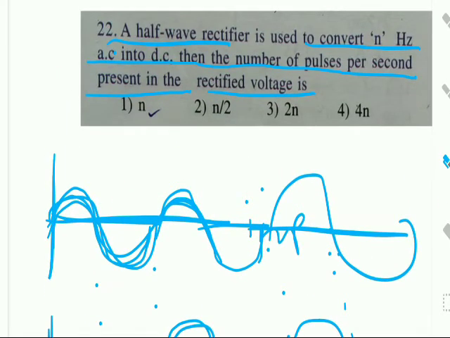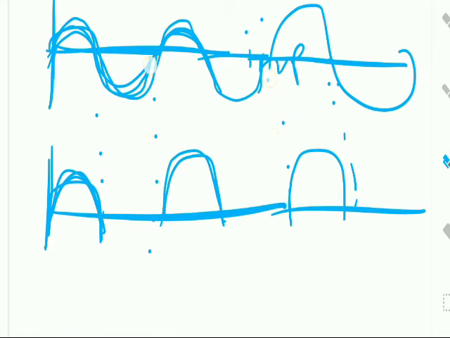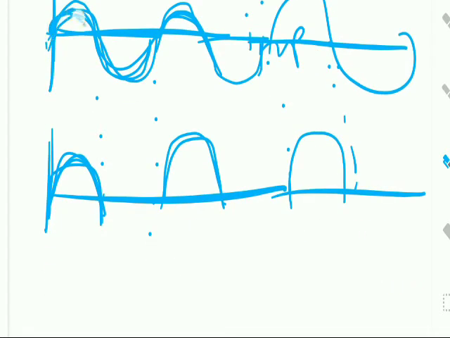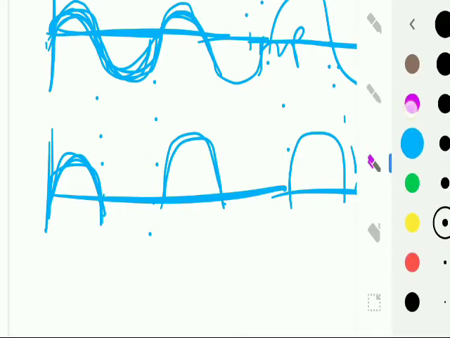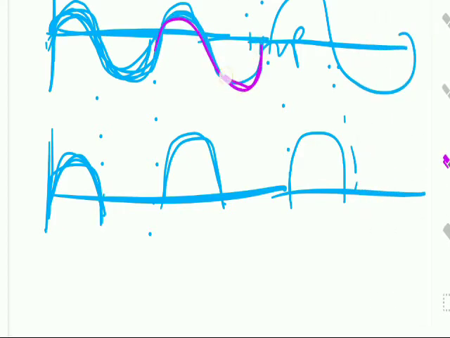N. A half wave rectifier is used to convert AC into DC. The number of pulses per second. Here how many cycles are there? One cycle. This one is two cycle. This one is third cycle.